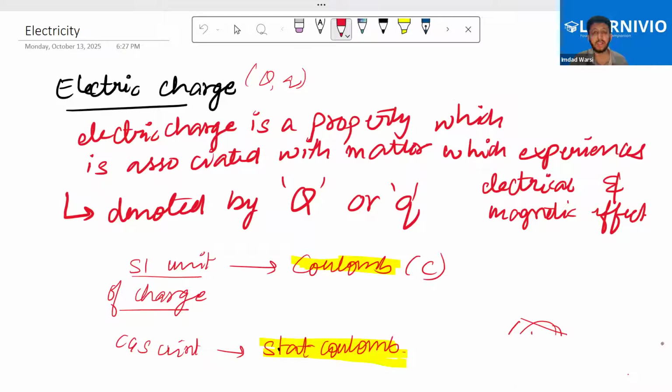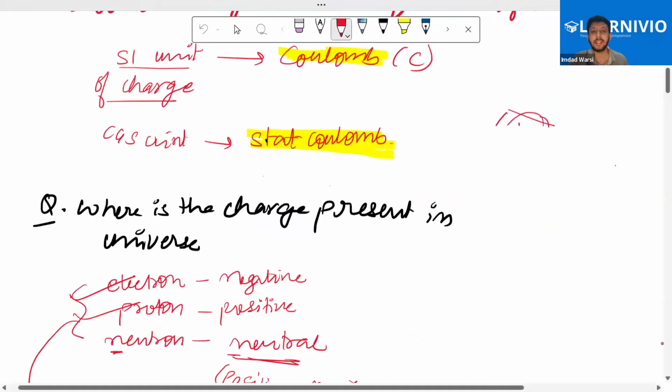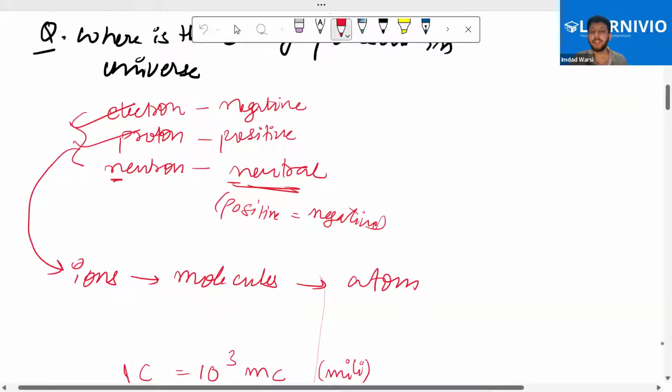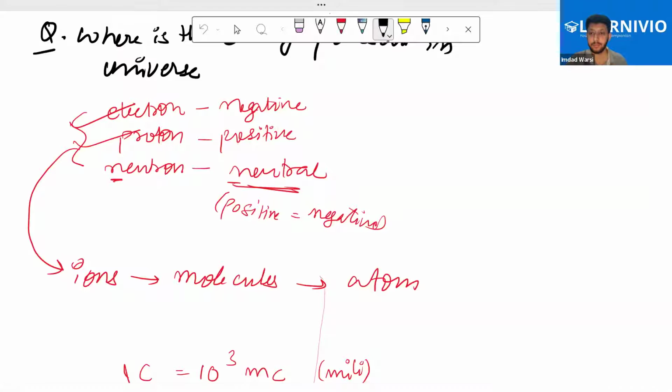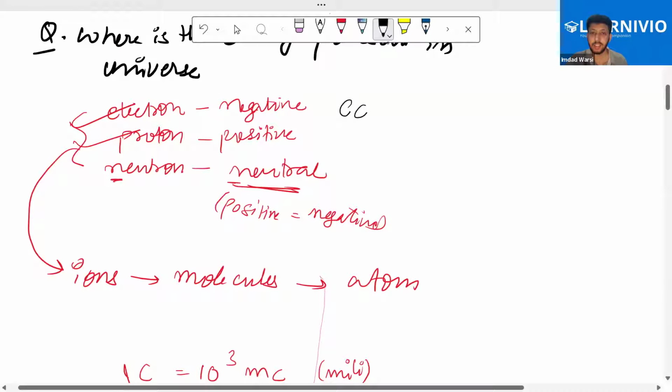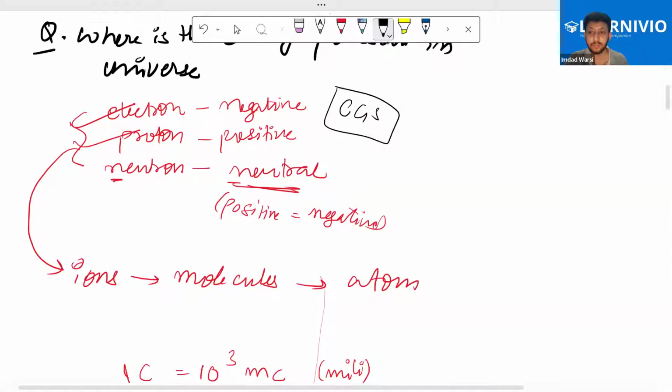Okay. What is the CGS unit of Coulomb? This electric charge. CGS unit. Is 1 CGS coulomb the unit of electric charge?